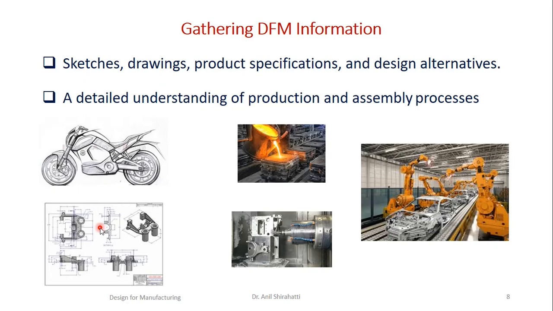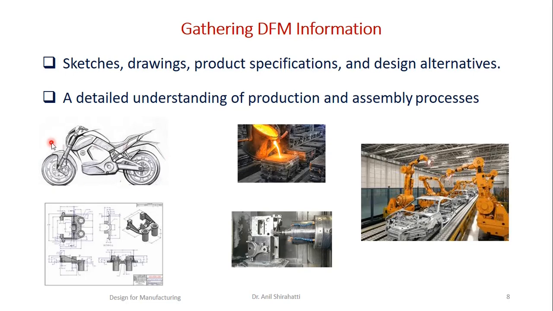Next is how to gather the information for design for manufacturing. This can be done in different ways. First you need the sketch, drawing, production specification and design alternatives. For example, you can get the sketch of whatever product you want to produce.